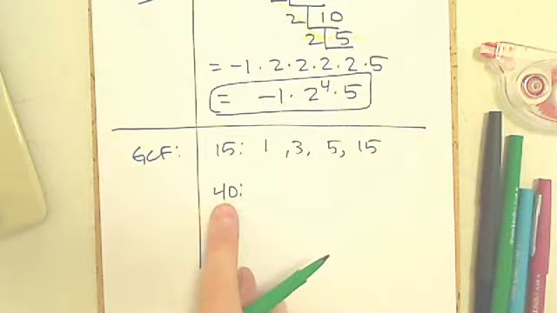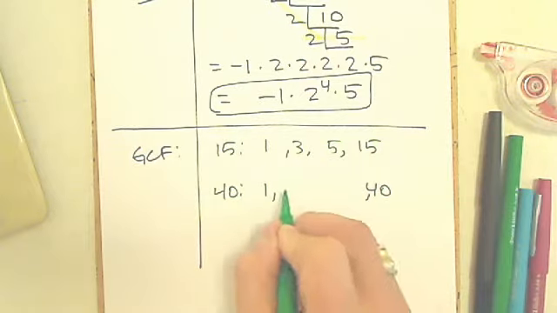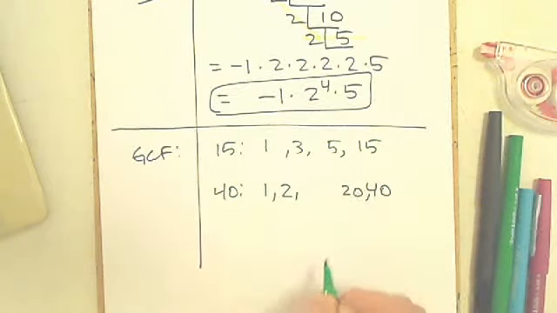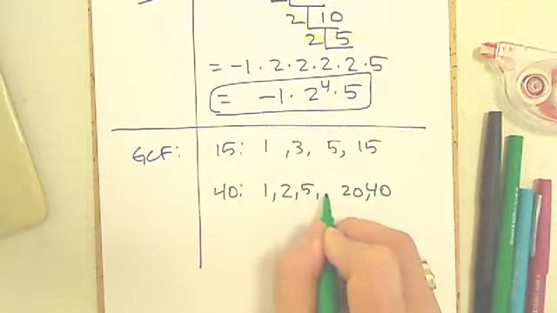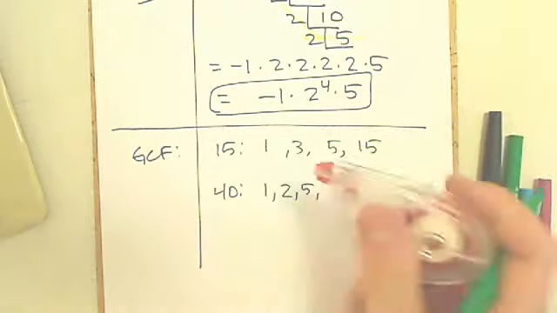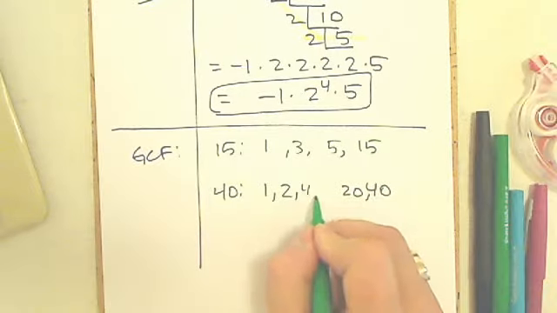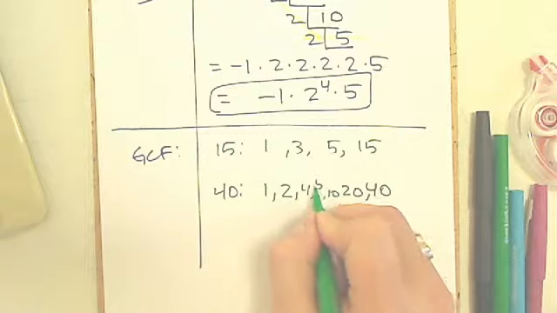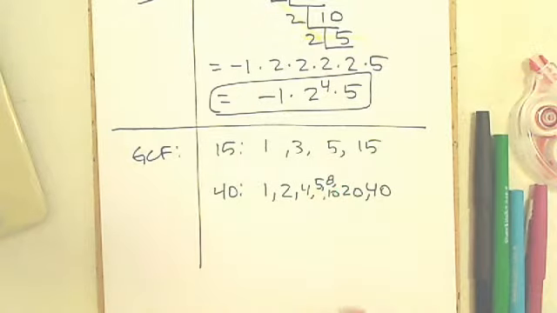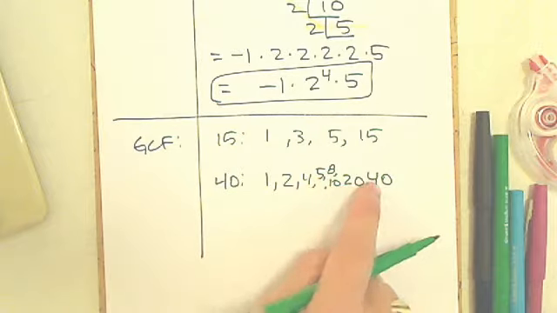Easy, right? 40. 1 and 40. 2 and 20. Oh, I forgot 4 and 10. And then 5 and 8. Sorry, I'm going to squeeze it in. So 40 is 1, 2, 4, 5, 8, 10, 20, 40.